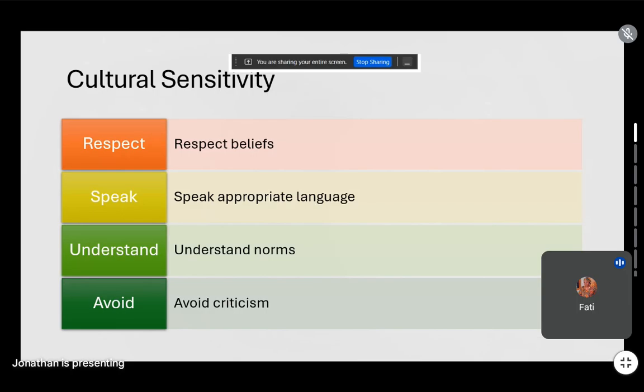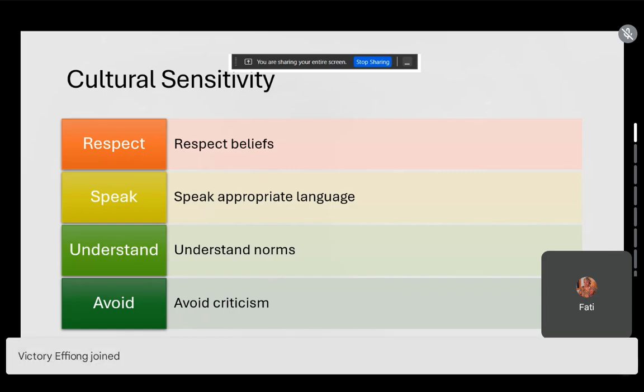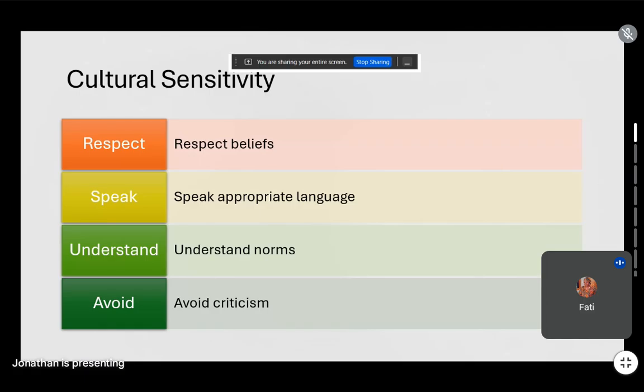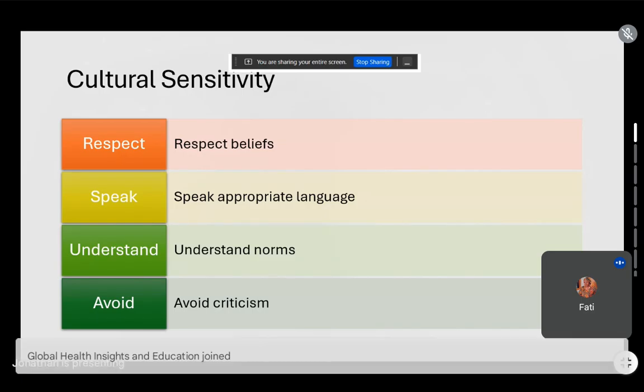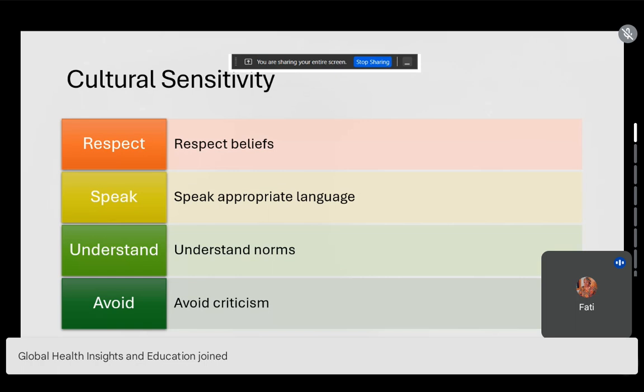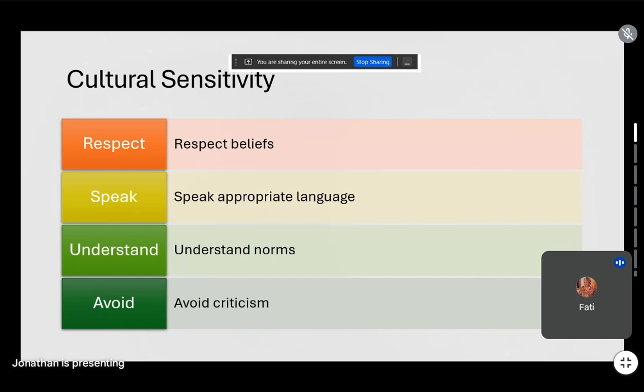Don't go confirming that yes, it is an evil eye, but don't go also saying that it's not an evil eye. Just try to push your agenda to get the child either to the hospital or to seek treatment. That is your goal. But trying to tell them what they believe is not it, you will not go anywhere.